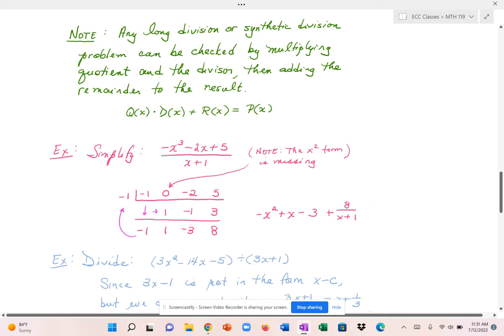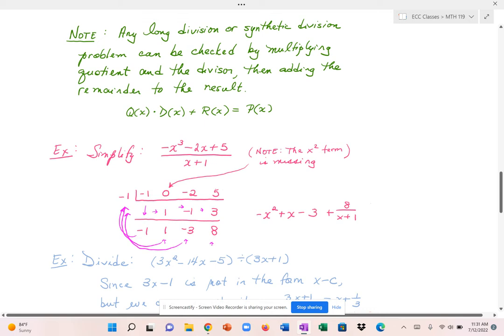That gives me 1. Add 0 and 1 and you get the 1 directly below. Multiply 1 by -1 and you get -1. -1 and -2 add up to -3. Multiply -3 and -1 and I get +3. Add 5 and 3 and you get 8.